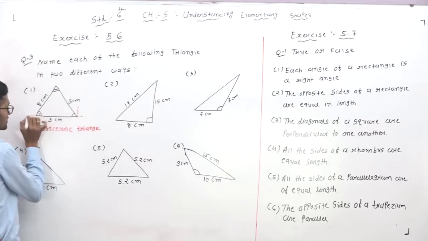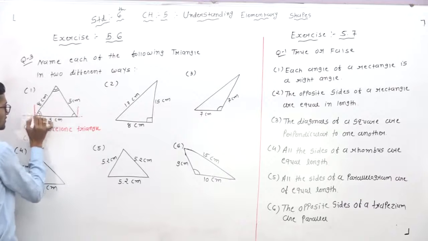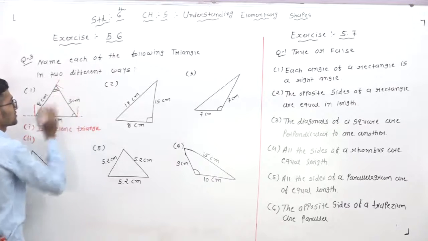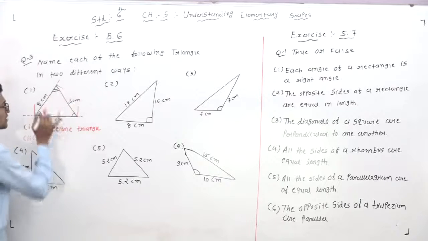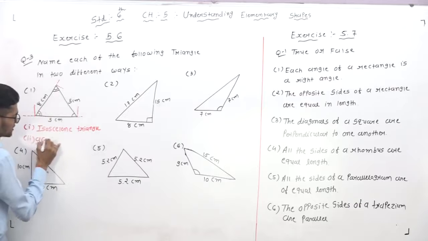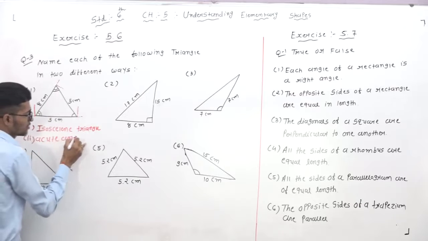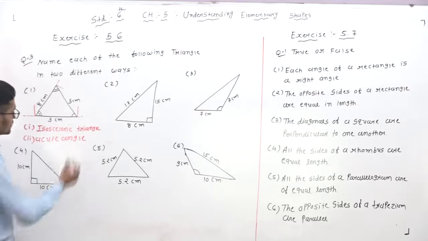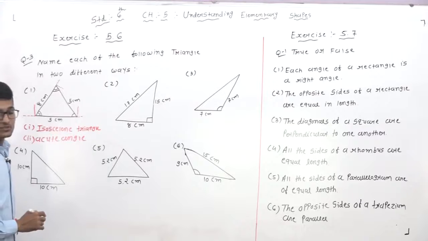Here is the vertex, write down 90 or less. It means all three angles are less than 90. So less than 90 means this one is an acute angle. So it's called an isosceles triangle, and one more, it is an acute angle triangle. So this is our two different ways.